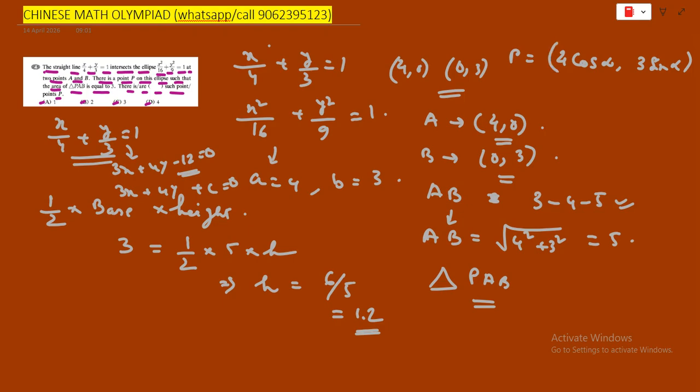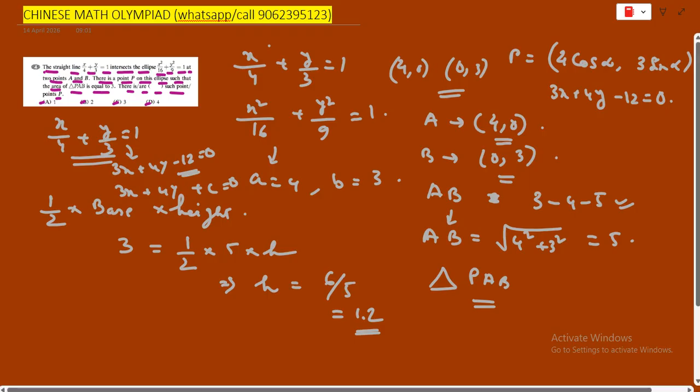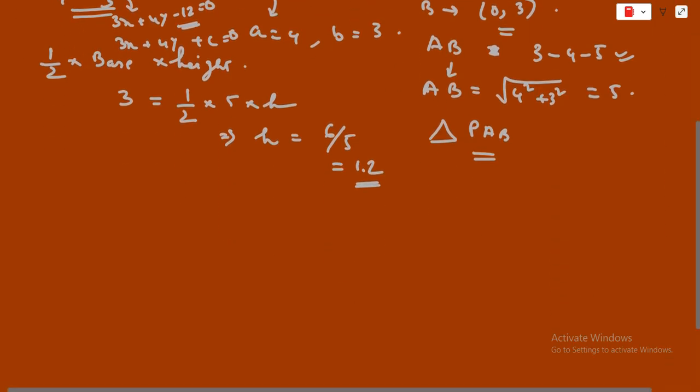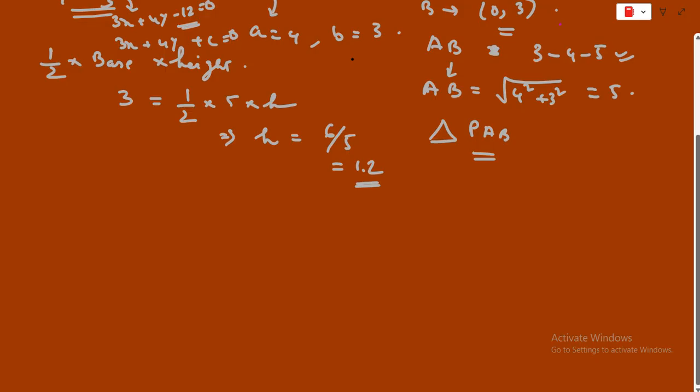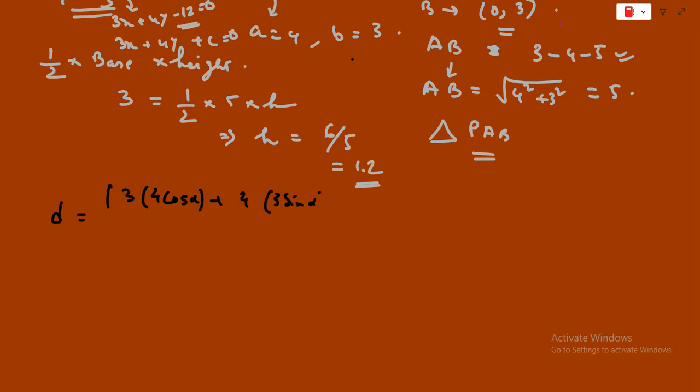And the distance from P to the line 3x plus 4y minus 12 equal to 0, so D will be the mod of 3 into 4 cos alpha plus 4 into 3 sin alpha minus 12, by root over 3 square plus 4 square, right?